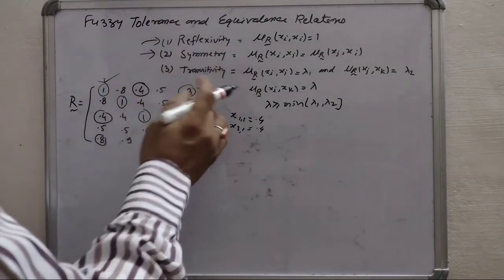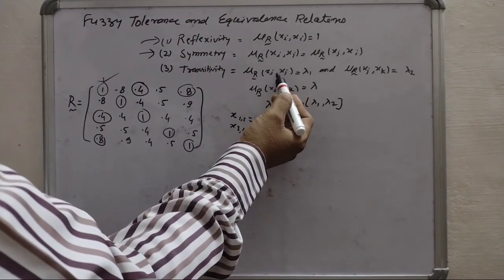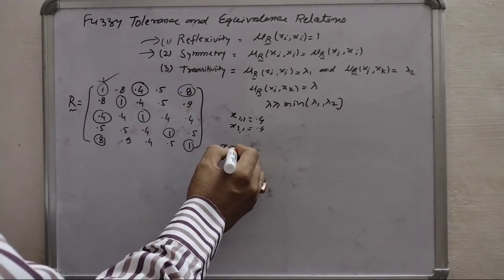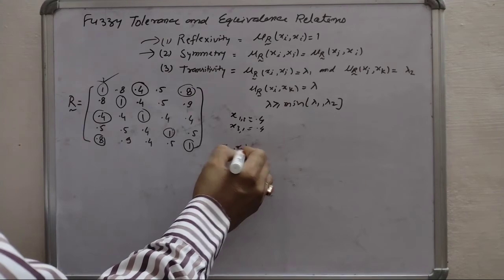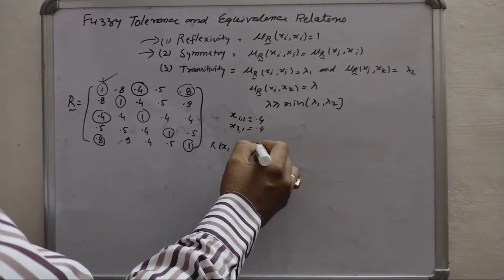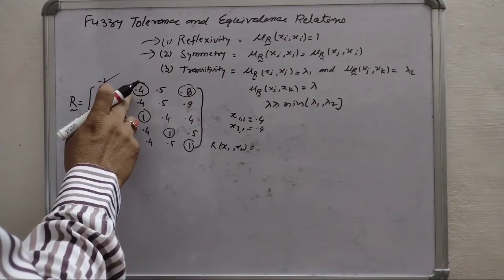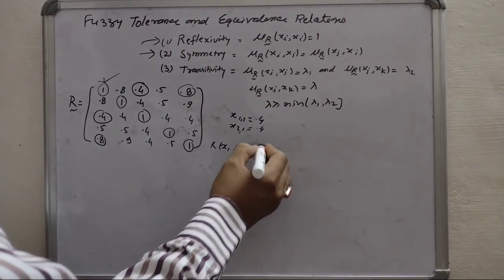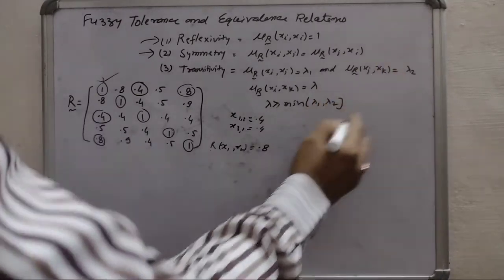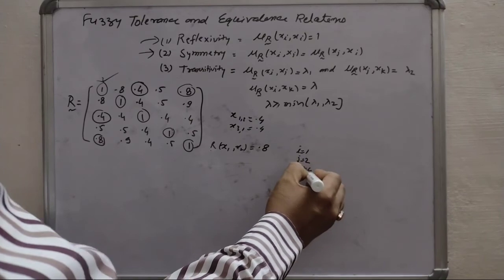Now third property, transitivity. Suppose I am taking 1 and 2. So x1 and x2 is 1 and 2: first row, second column, 0.8. Then I am taking i equals 1, j equals 2 and k equals 4.